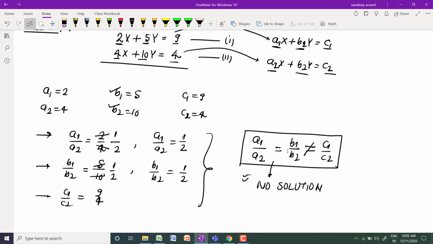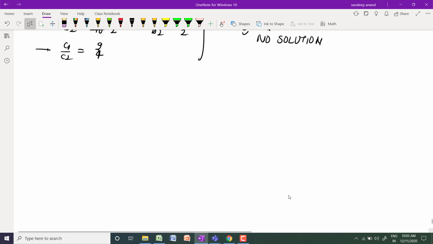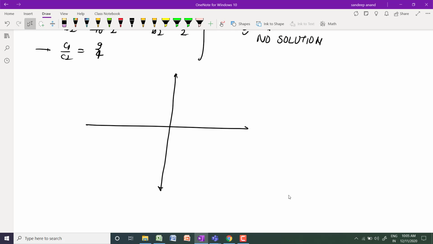Suppose if I ask you to solve this linear equation by graphical method, then you will be surprised to see the result. When you solve this problem by graphical method, what will you get? So this is one axis, this is the second axis.